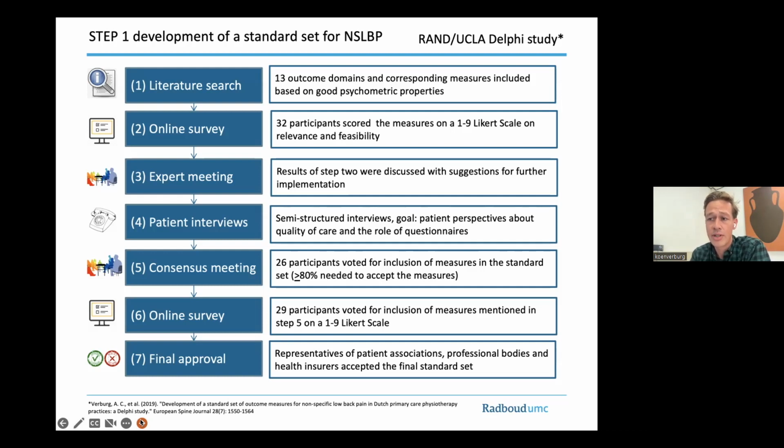These steps included a literature search, online surveys, interviews with patients and experts, and consensus meetings. And finally, patient associations, professional bodies, and health insurers accepted the final set for the evaluation of physical therapy treatments for patients with non-specific low back pain.